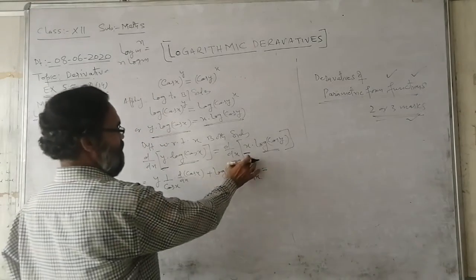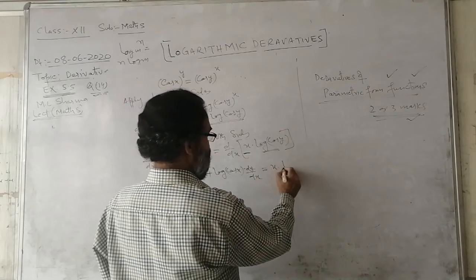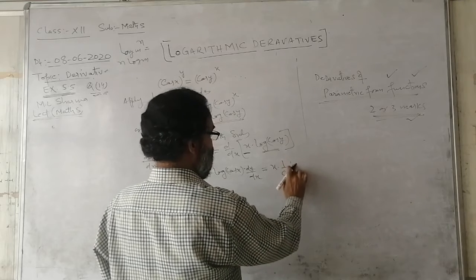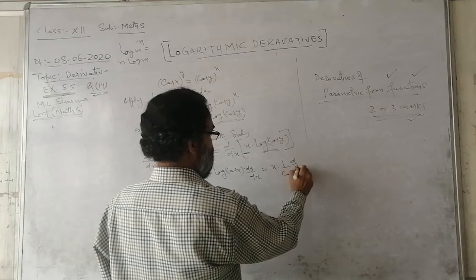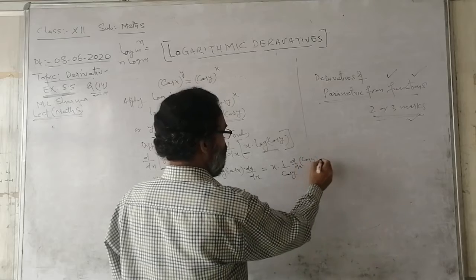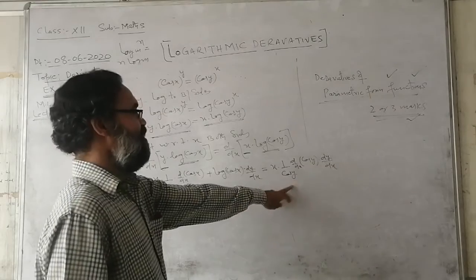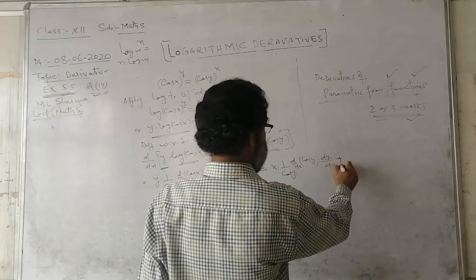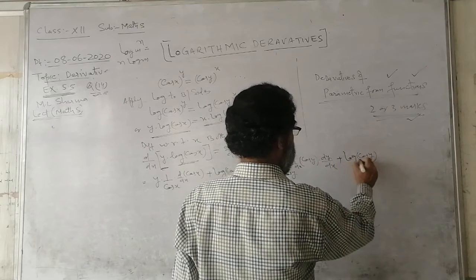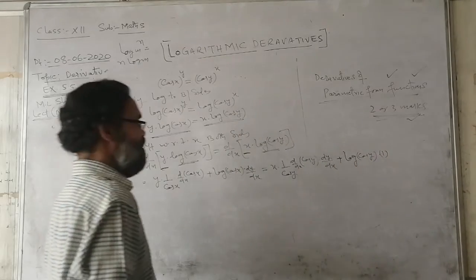So similarly here, the first function into derivative of second, into derivative of cos y into dy upon dx. First into derivative of second plus second into derivative of first, that is 1.